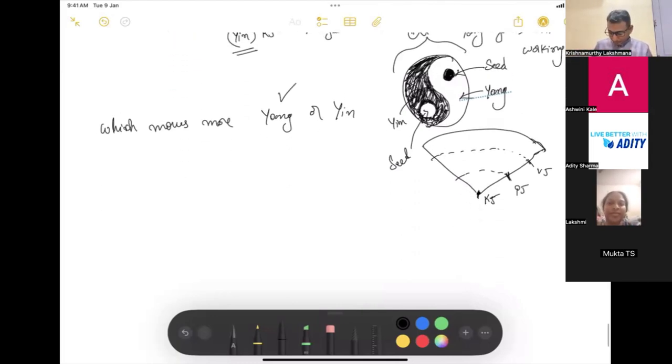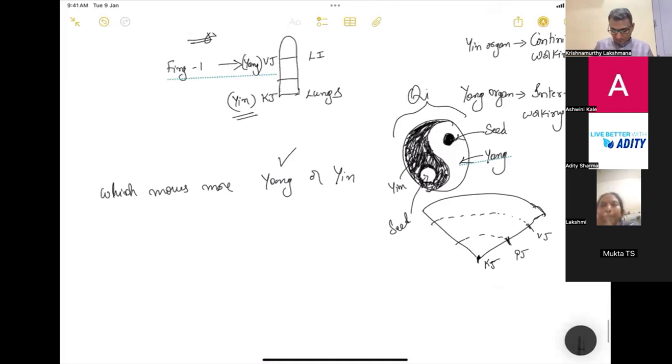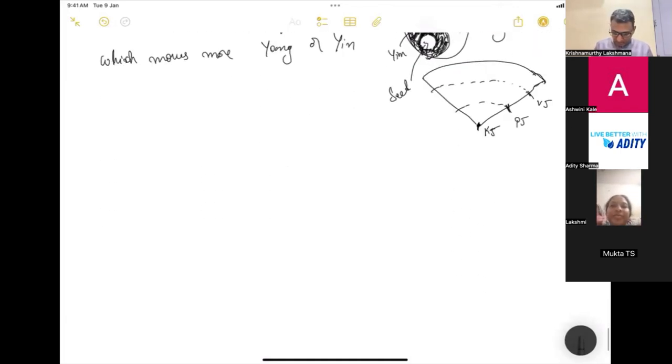Similarly, I have Vata joint, Pitta joint. For the time being, forget Pitta joint. We will concentrate only on Kapha joint and Vata joint. So for finger number 1, Kapha joint is lungs and Vata joint is large intestine.